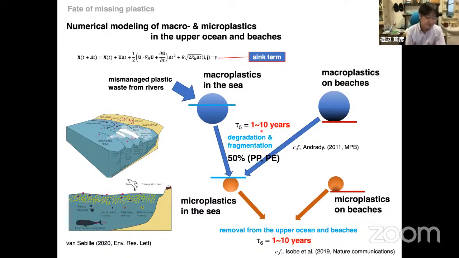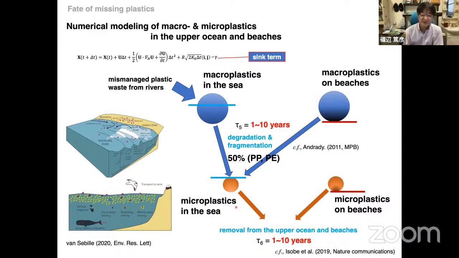So according to the production rate at the present time, we assume that 50% of the macroplastic changes to microplastic after fragmentation in the model. The remaining 50% of macroplastic stays at the place where the conversion occurred, around the beaches. And the fragmentation rate is 10 times higher for macroplastic on beaches than for microplastic in the sea.